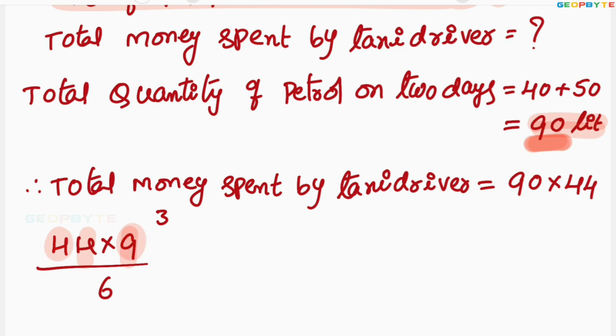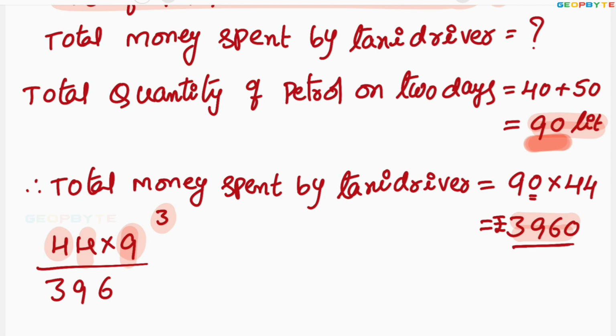Again 9 multiplied by 4, 36 plus 3, 39. 396. After that you place this 0. So 3960 is the 3960 rupees the taxi driver has to spend.